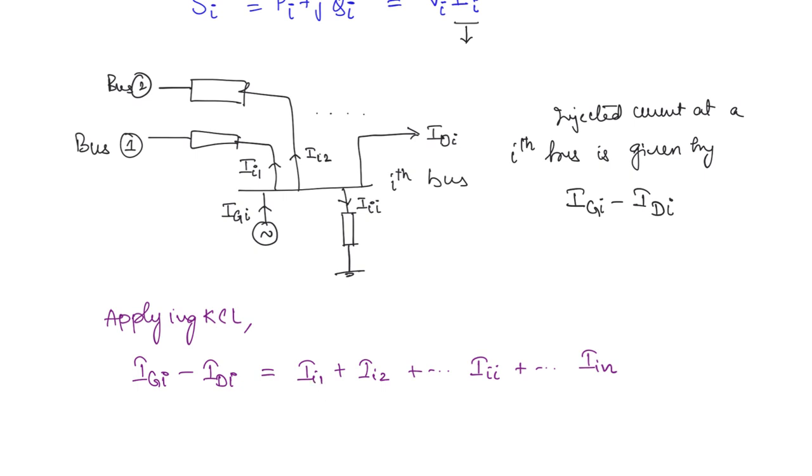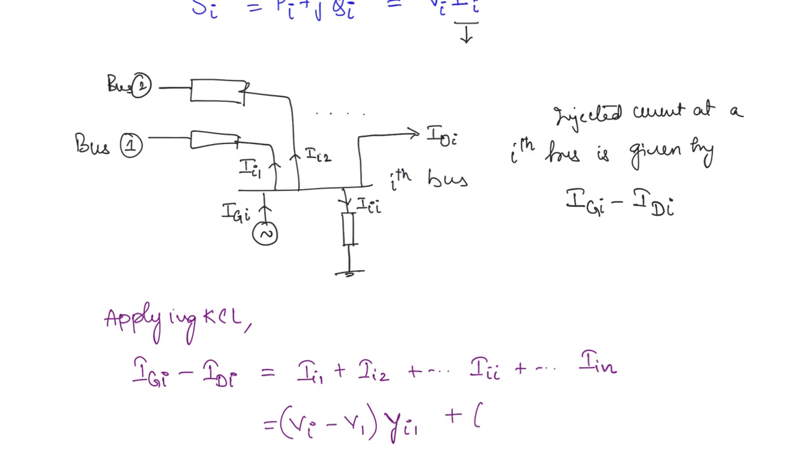Now what is Ii1? This is the current from bus i to bus 1. So you can write in terms of the voltage, this is equal to Vi minus V1, and you can write into admittance. What will be the admittance here? Small yi1. Okay, because we represent the actual admittances with small letters.